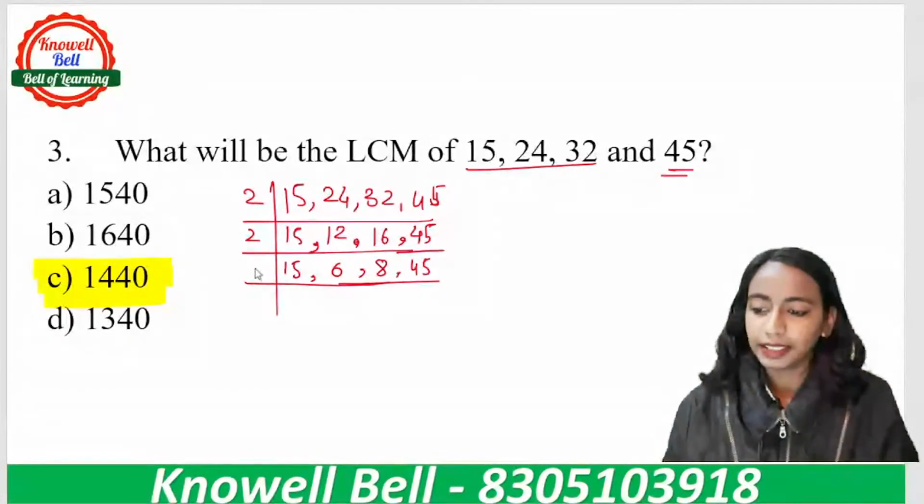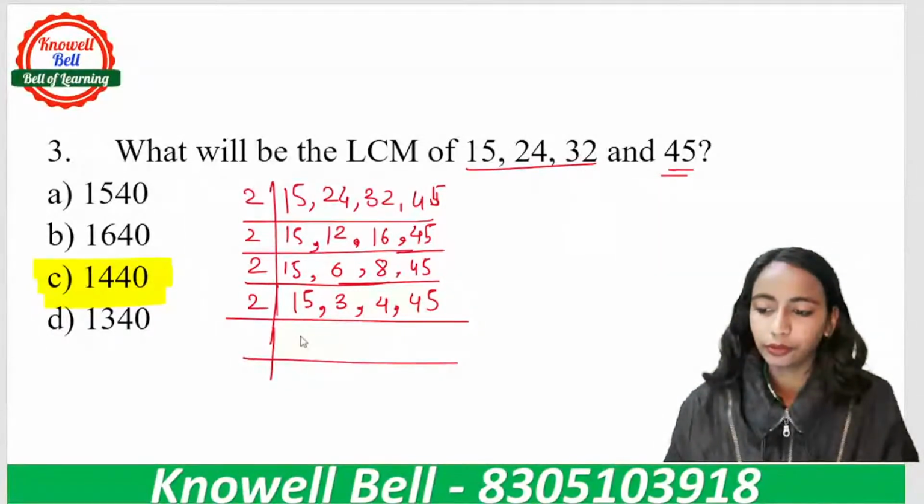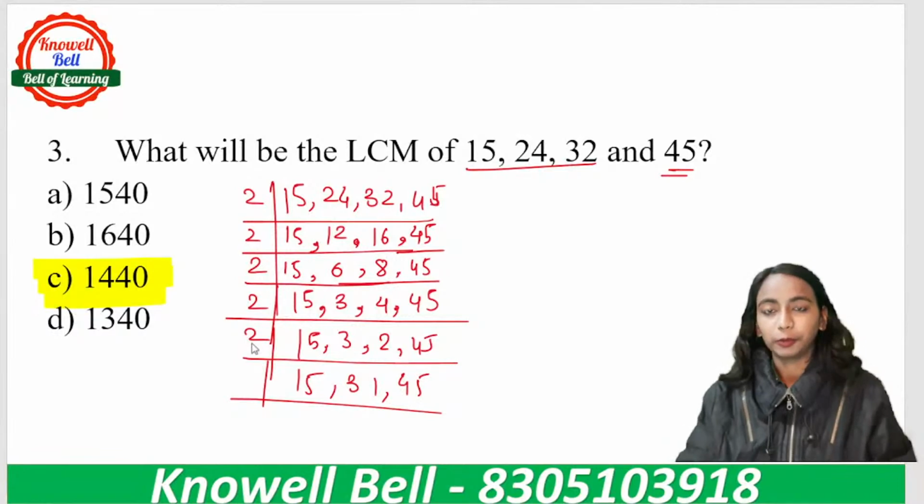Again 2: 15, 3, 4, 45. Yet again 2: 15, 3, 2, 45. This way you will keep on dividing. What will come? 1, 45.